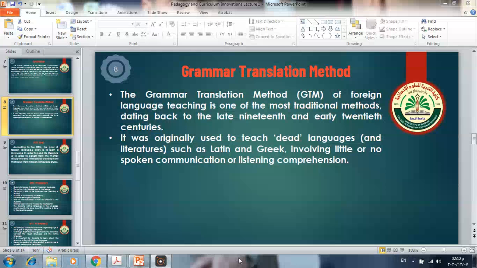Most sacred books like the Bible, the Old Testament and the New Testament were first written in these languages, and people usually need to know these languages to know the religion from its source languages. Or maybe they want to know about the science that the Greeks had set earlier. Okay.